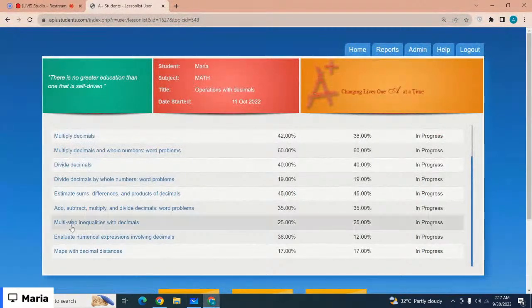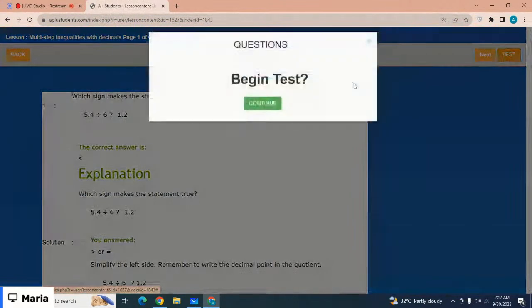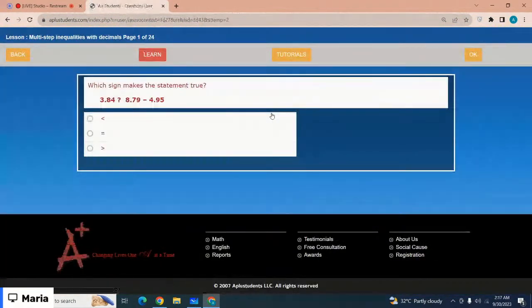We've started with the lesson multi-step inequalities with decimals. So let's start with this lesson and do the practice questions. Okay, here I am on the test questions. Let's just do the test questions.